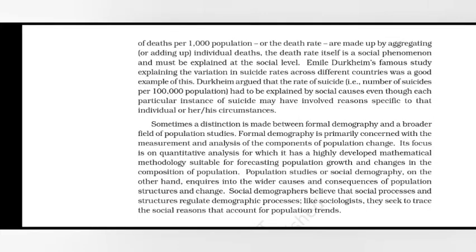Emile Durkheim's famous study explaining the variation in suicide rates across different countries was a good example of this. Durkheim argued that the rate of suicide had to be explained by social causes, even though each particular instance of suicide may have involved reasons specific to that individual or her or his circumstances.